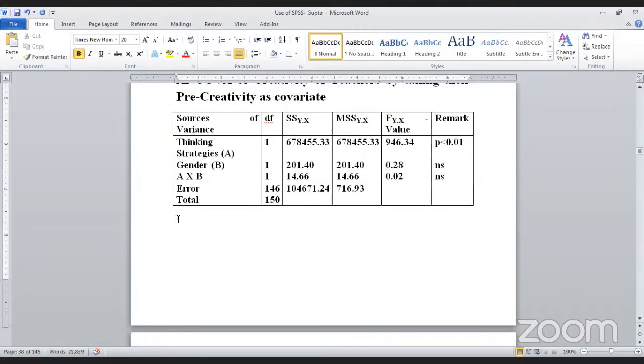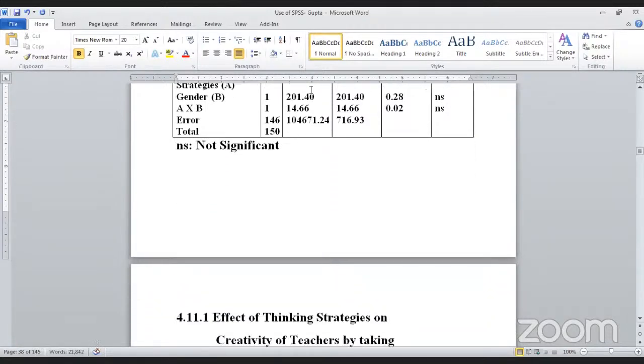So below the table, you can write NS, not significant. So 0.28.